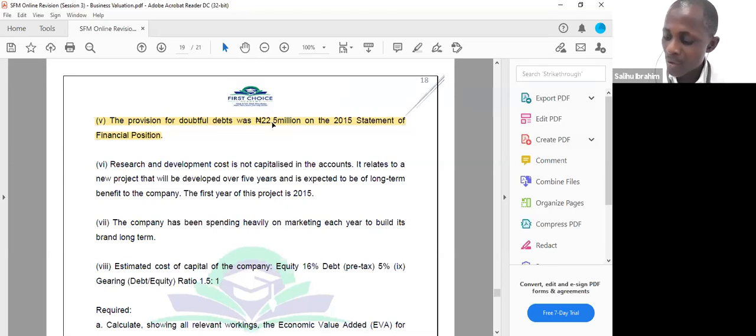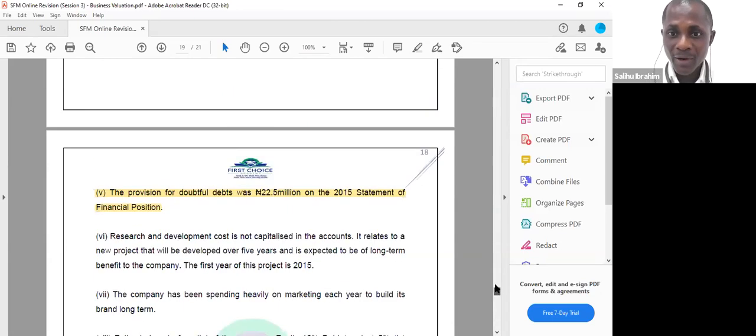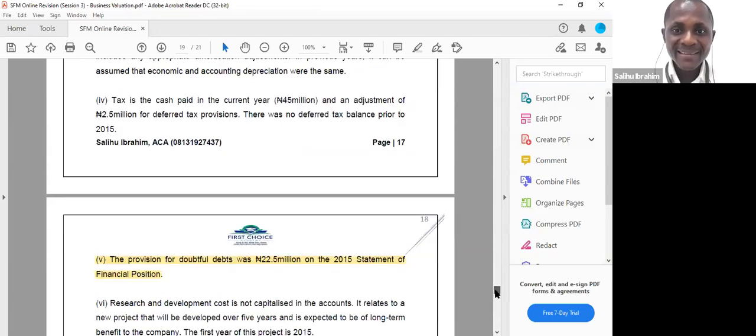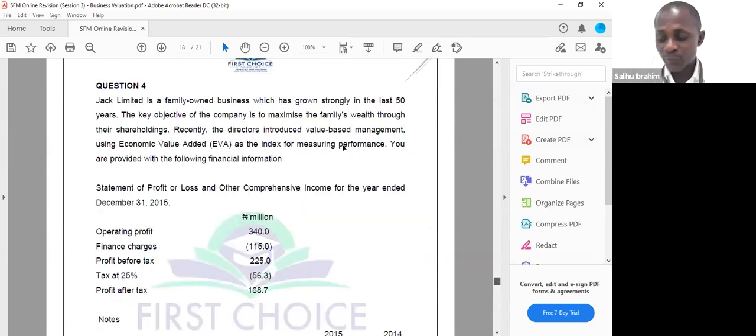As at 31st December 2015. Provision for bad debt was 22.5. That is the total provision on that date, right? But in the income statement, what is the amount of provision we have there? We have 10 million as provision.